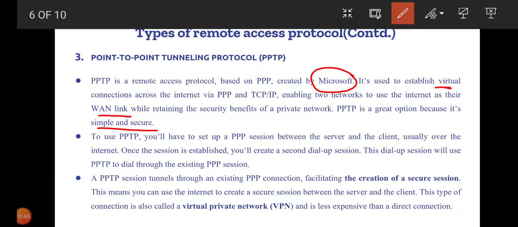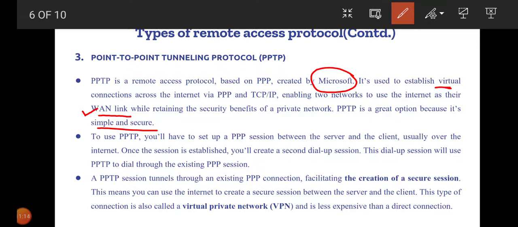However, one most advantageous factor is that we can consider the wide area network link here, which was not possible in case of PPP or PPP over Ethernet, as they had point-to-point networks for short distances or shorter radiuses. So to use PPTP, you will have to set up a PPP session between the server and the client, usually over the internet.